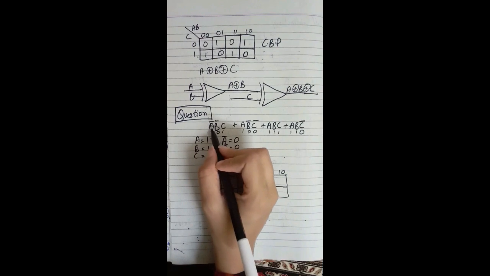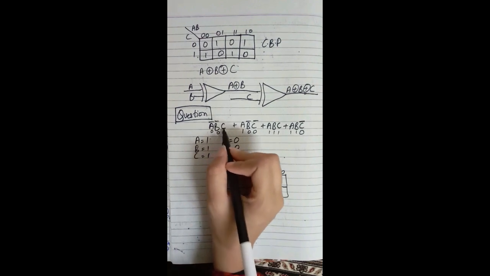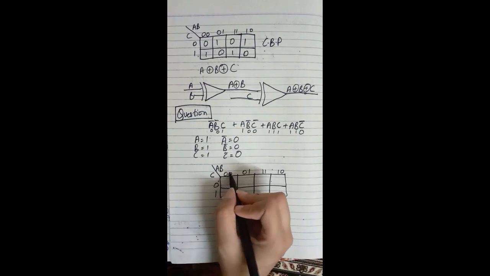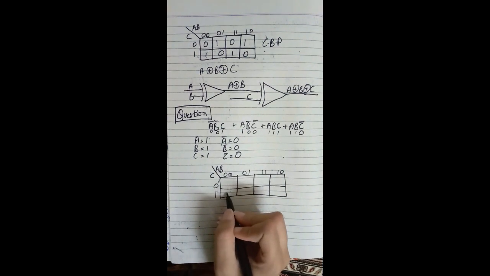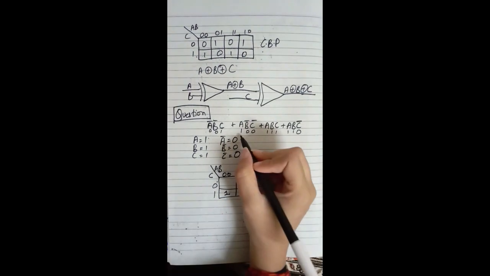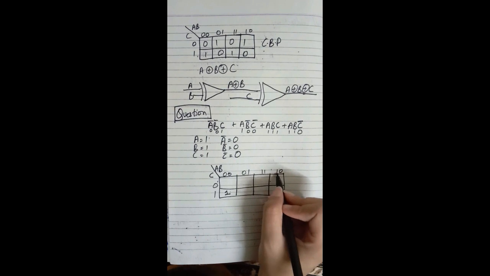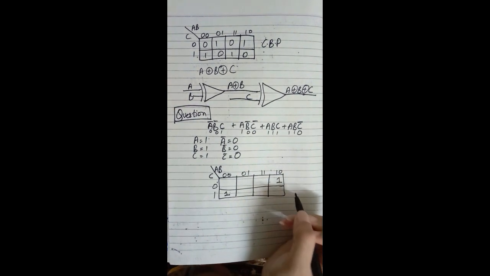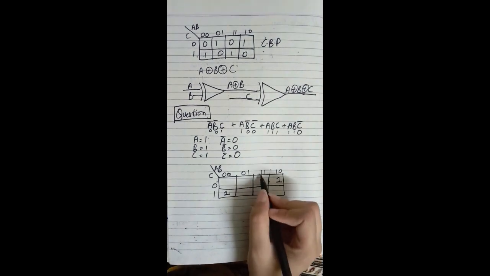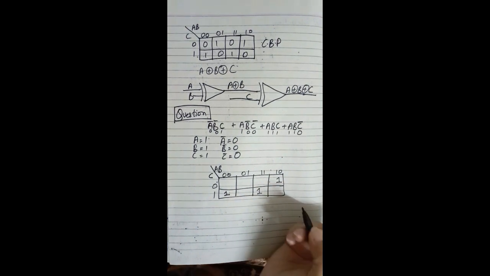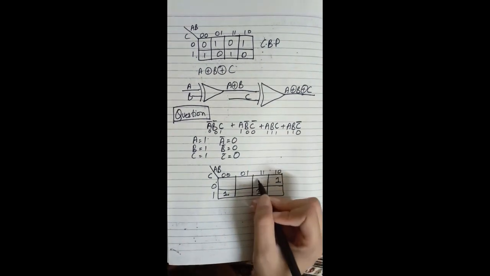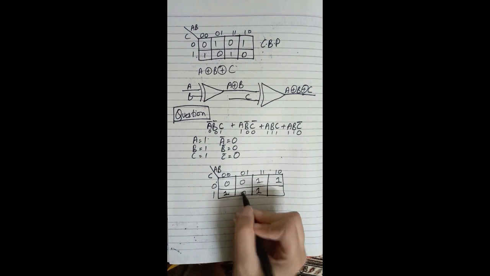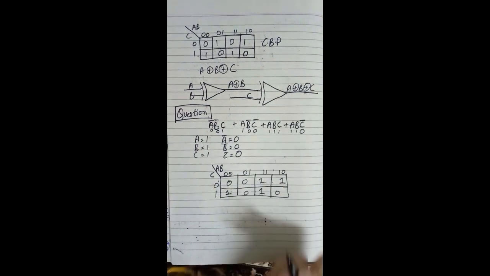It means on A, B we have 0 and on C we have 1. Here we have 1. On 1, 0, 0. Here we have 1. And on the 1, 1, 1, this is 1 and 1, 1, 0, this is 1. The other values are 0. This is how we fill our K-map.